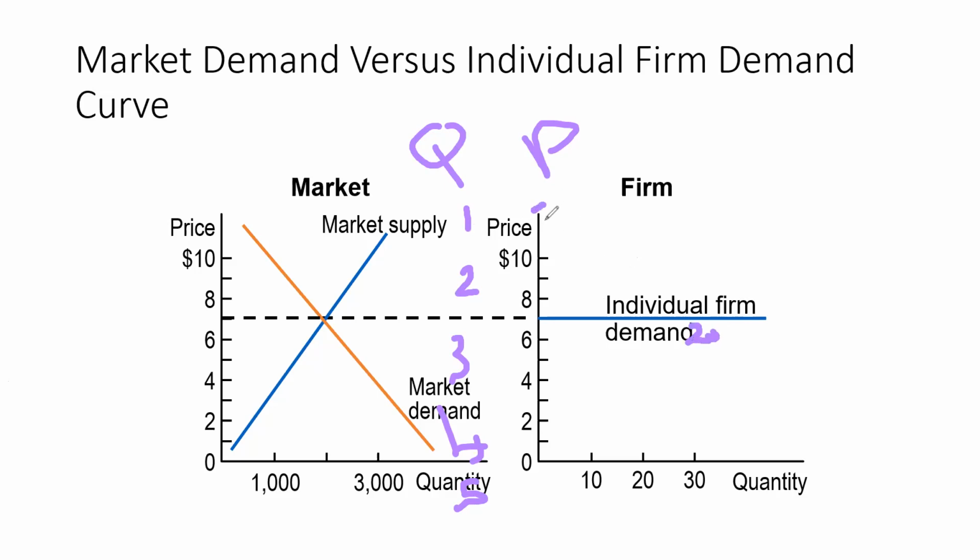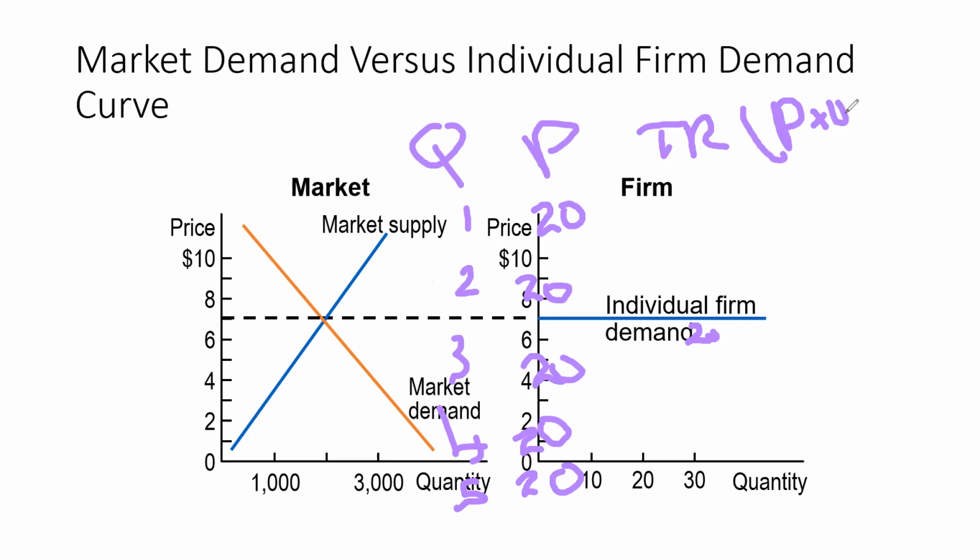Even though you produce any number of products, you can sell that amount at 20 rupees, right? Then if you want to find the TR, total revenue, how do we calculate it? TR is price into quantity.